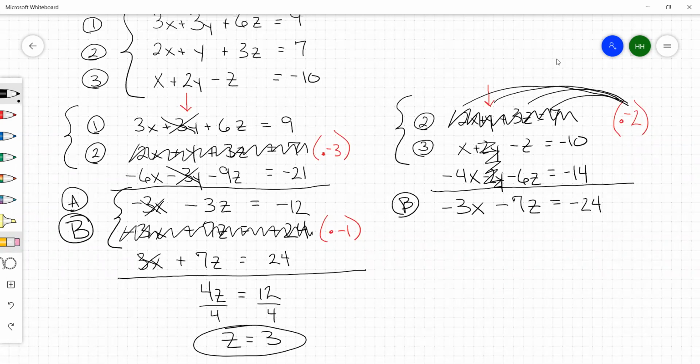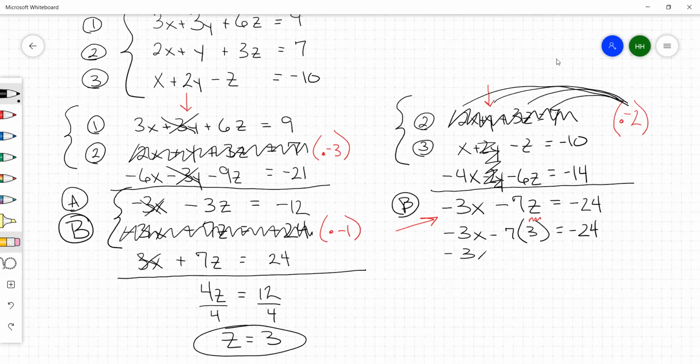So now we go backwards. We work backwards. We go to an equation that has a z in it, and we solve for x. So I'm just going to take z equals 3 and substitute it right there. So negative 3x minus 7 times 3 equals negative 24.